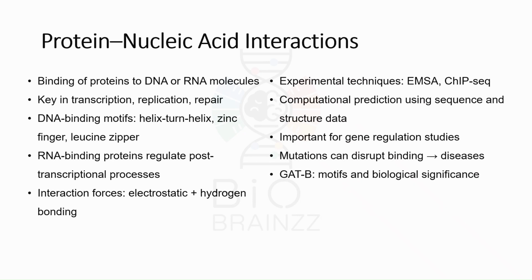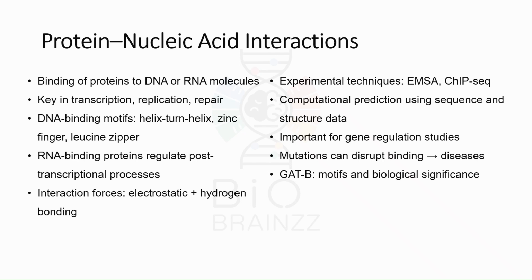Protein-nucleic acid interactions involve binding of proteins with DNA or RNA. These are important in processes like transcription, replication, and repair. Common DNA binding motifs include helix-turn-helix, zinc finger, and leucine zipper.